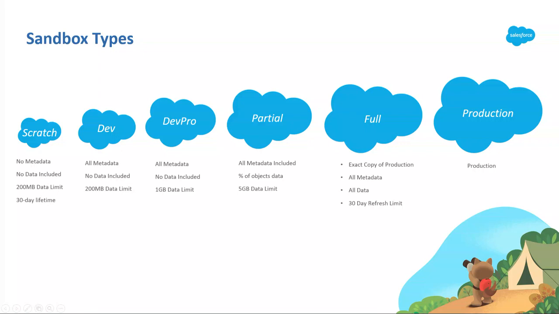Next we have the full sandboxes, which are a full replica of your production environment with the full metadata as well as the data. Generally, organizations will have one of these available to them, again, depending on the edition of the Salesforce org that they're running. And they do come at a hefty price if you want more of these as well. And then finally, you have your production org. And of course, this is where your business users do their day-to-day operations.